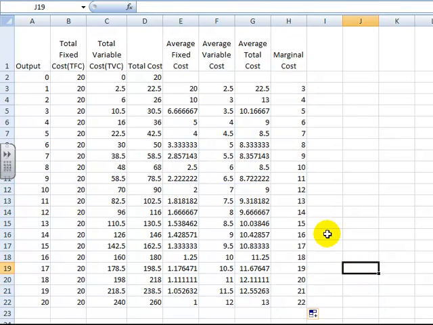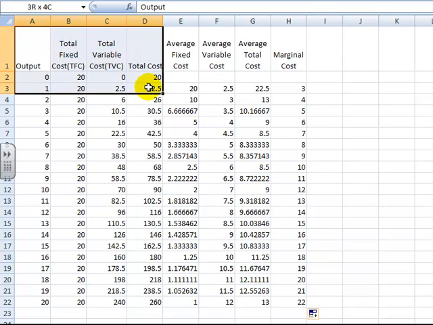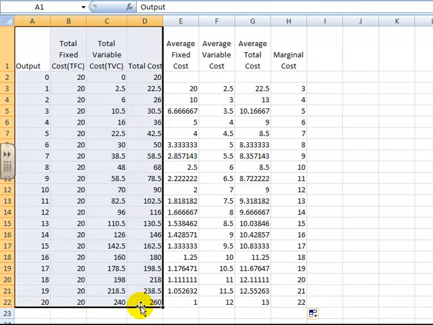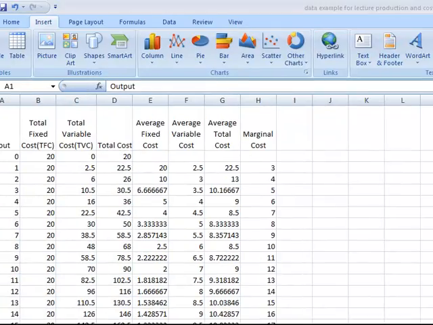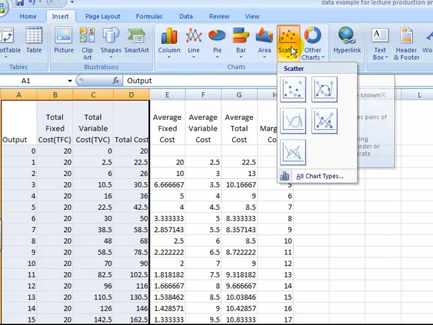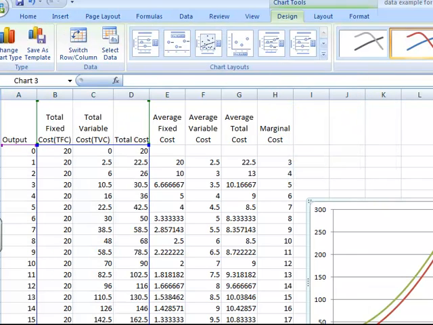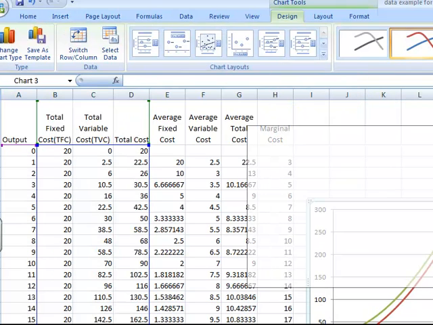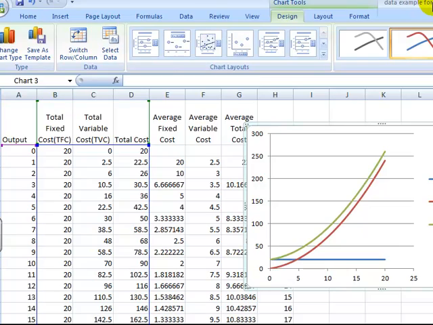Now let's graph it. Again we insert, scatters, okay.